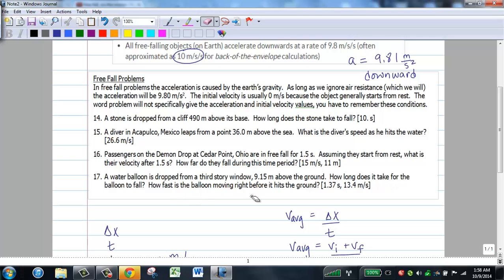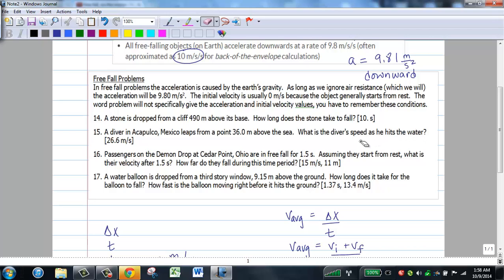So if you're looking for a sample problem in order to find the time, that's going to be in video number 3. And then the fourth video is how fast. How fast is it going after this amount of time? Or how fast is it going after it falls this far? So that's like number 15. What is the diver's speed as he hits the water?